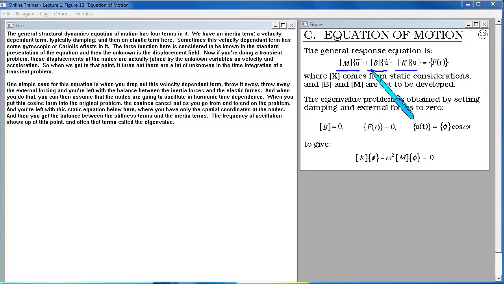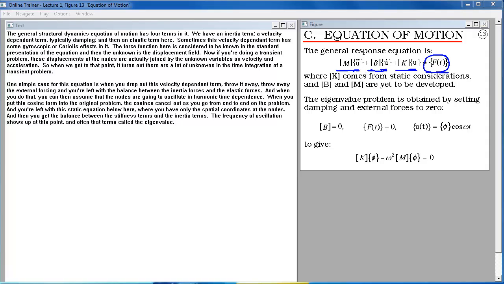The force function here is considered to be known in the standard presentation of the equation, and then the unknown is the displacement field. Now if you're doing a transient problem, these displacements at the nodes are actually joined by the unknown variables on velocity and acceleration. So when we get to that point, it turns out there are a lot of unknowns in the time integration of a transient problem.